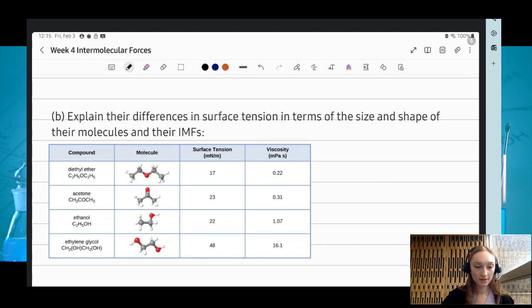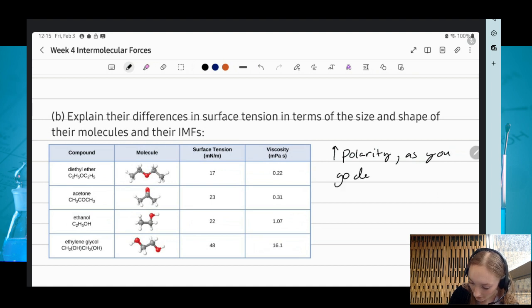So this one is very similar to problem 8. And we can see that with the periodic table, the trend is that as you go down the periodic table, the polarity goes up. So I'm going to write that down: polarity goes up as you go down the periodic table.